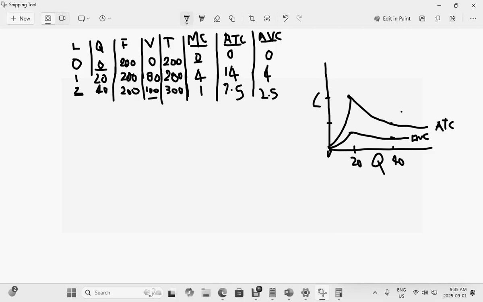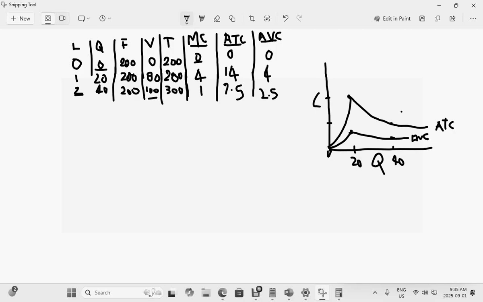Whereas on the other side, your marginal cost starts off at 0, and this will be 4, which will be the same as your average variable cost for the time being. So let's say this is 4, and it becomes $1 for 40 units.